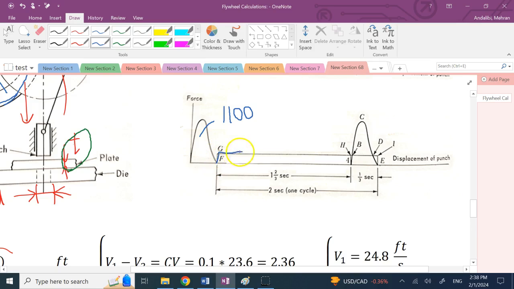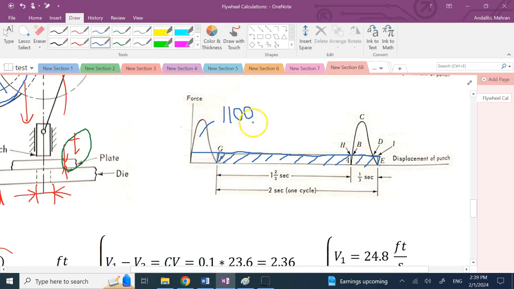The motor has a constant power through the cycle like this. And so this area under the curve of the motor should be the same as all the energy you need for punching. So if you want to know how much is the force from the motor, you have to divide that 1100 by what? You have to look at the times that you have.